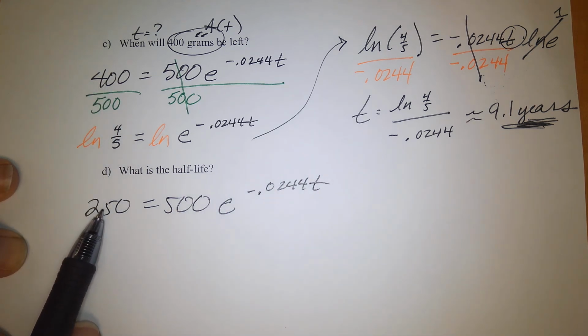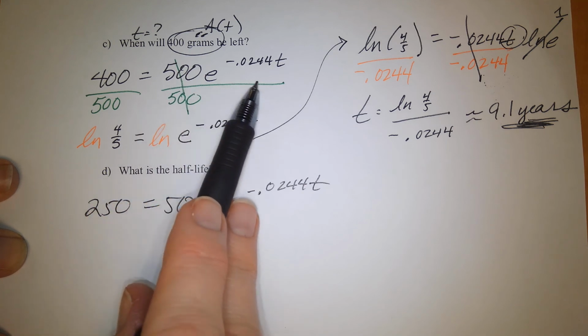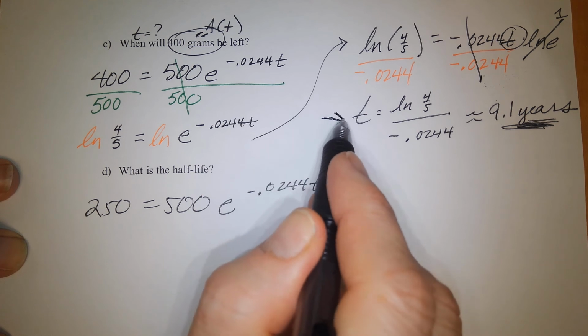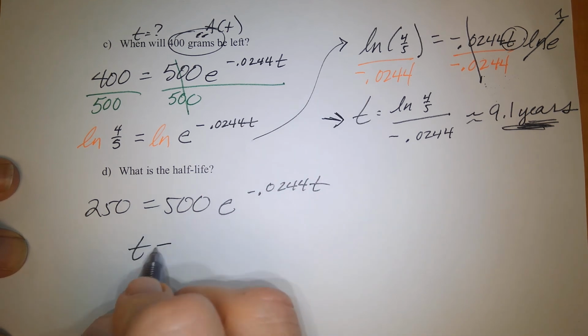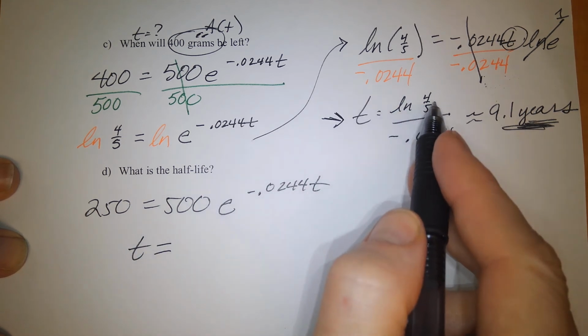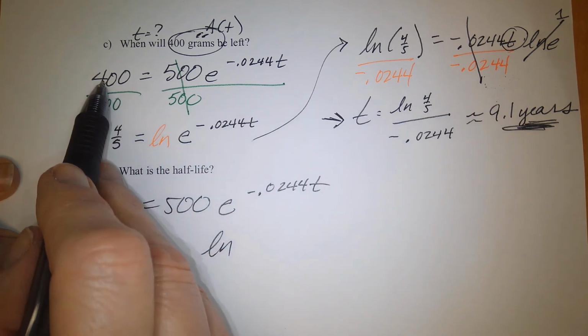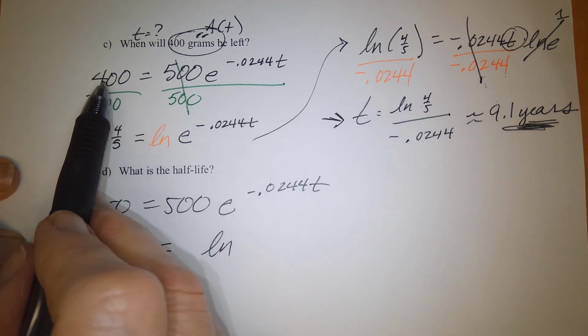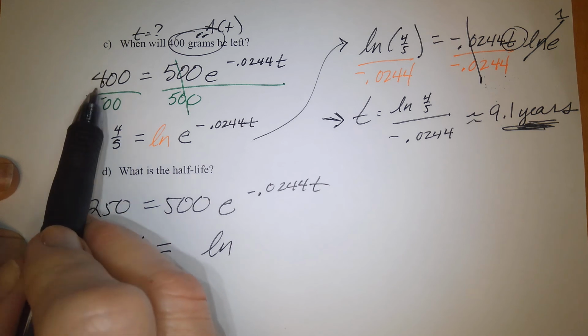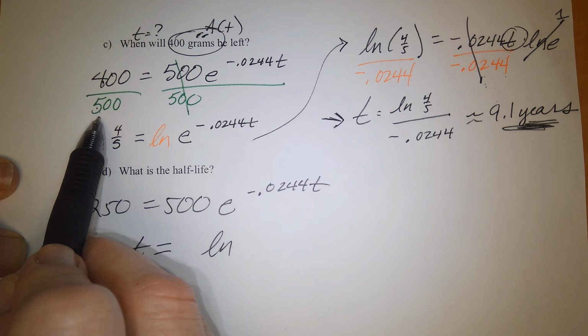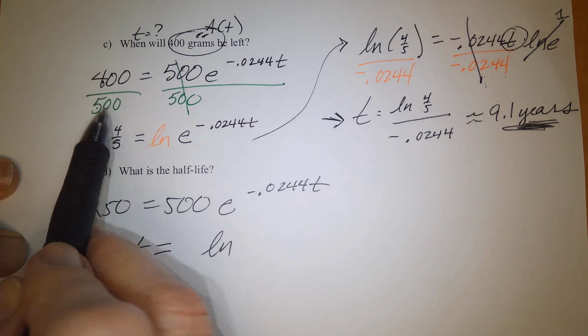We're going to make it 250 instead, but everything else is the same, which means I can probably use this shortcut right here, which says t equals natural log of 4/5, but instead of 4/5, because remember 4/5 came from originally 400 over 500, so now we're going to put 250 over 500, and 250 over 500 is a half.